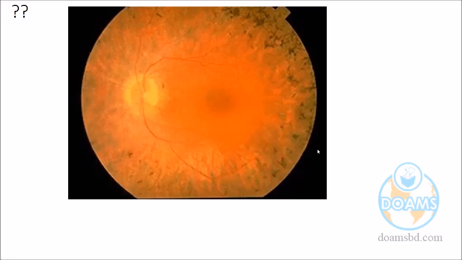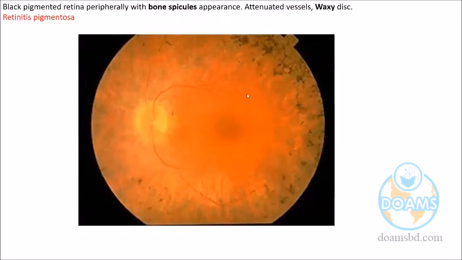Very good. In retinitis pigmentosa, tunnel vision, because in the periphery there is damage to the photosensitive cells, right? Only the central area is intact. So there will be tunnel vision, the constriction of the visual field. Very good. Yes, this is retinitis pigmentosa. Attenuated vessels, waxy disc. I already described before.